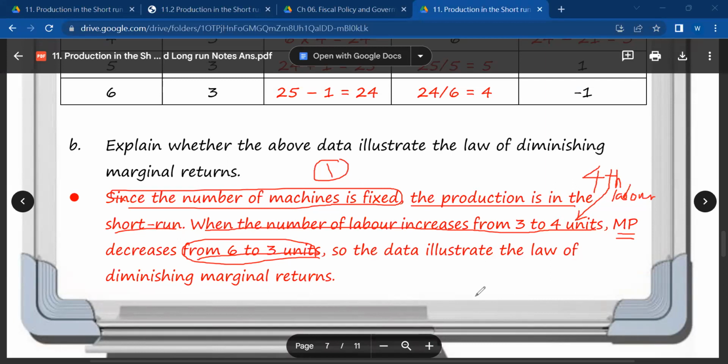You need to write firstly whether it is in the short run. And the second point is where it happens. It happens when we employ the fourth neighbor. Then the last point, marginal product decreases from 6 to 3. Then you can get all the marks.